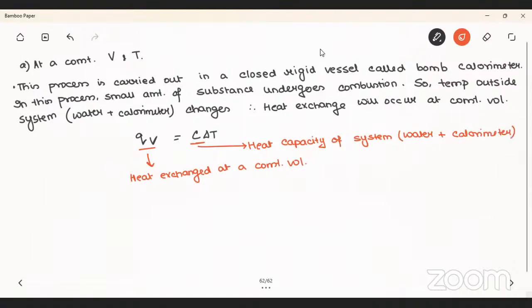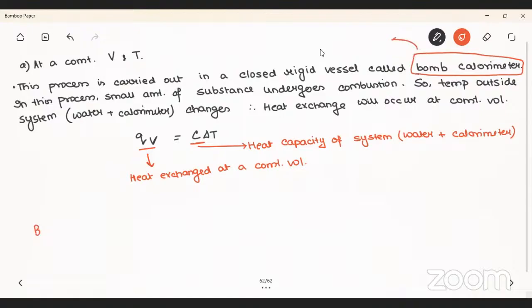Is this part clear, everyone? Nothing is in confusion right now? One more thing: I told you here we are using a bomb calorimeter.